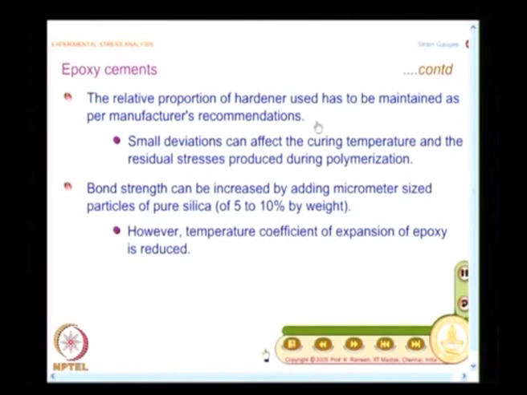So, whatever the manufacturer gives as recommendation, you are expected to follow. The relative proportions of hardener have to be maintained as per manufacturer recommendations. Small deviations can affect the curing temperature and the residual stresses produced during polymerization.